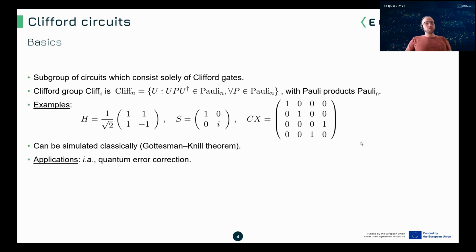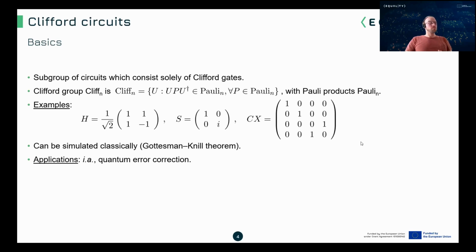However, there are also applications where Clifford circuits become beneficial, for example, in quantum error correction, which is very important as soon as we leave the NISQ era, the noisy intermediate-scale quantum device era, and come to actual quantum computers with error correction.